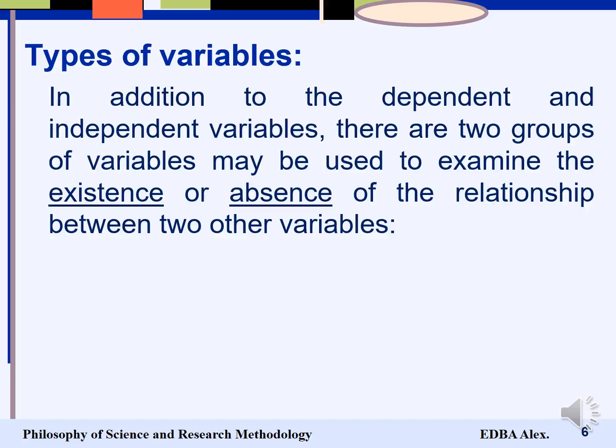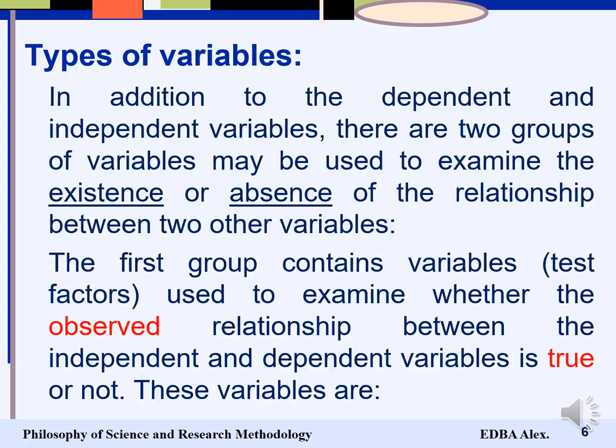I will make this more clear. So we have two groups. The first group contains the variables or test factors, as I said, used to examine whether the observed relationship between the independent and the dependent variables is true.